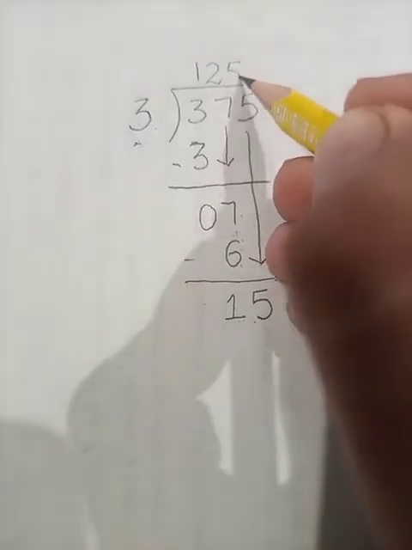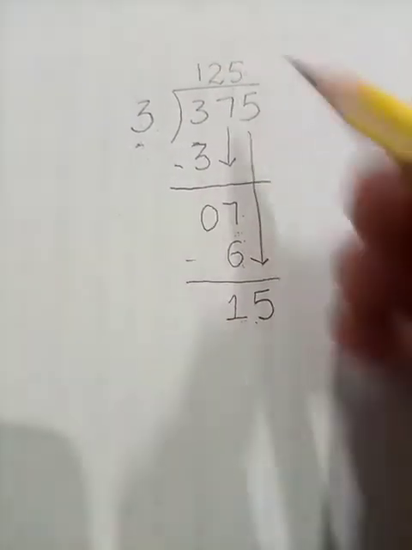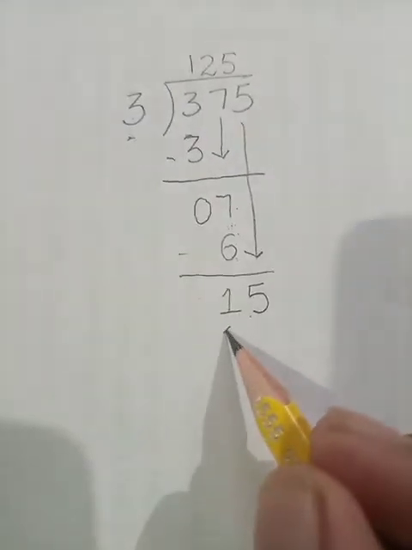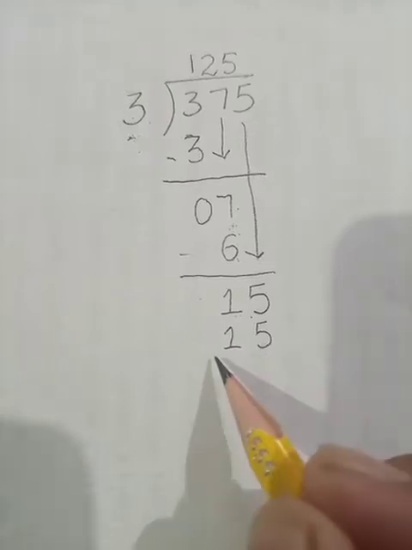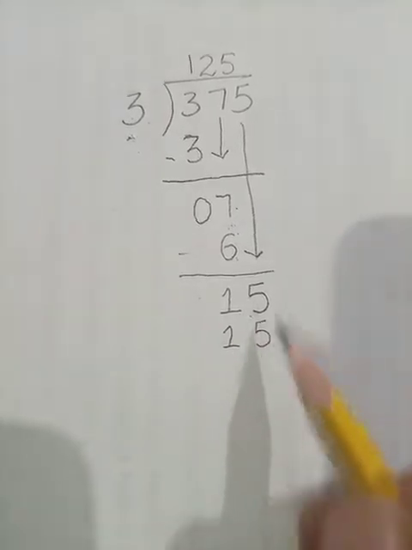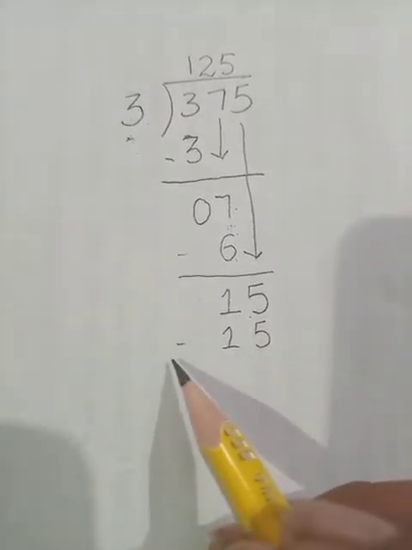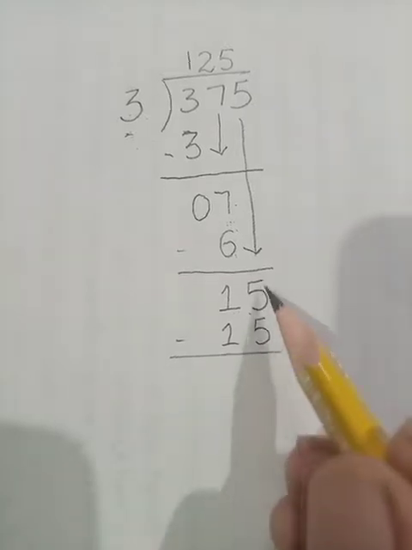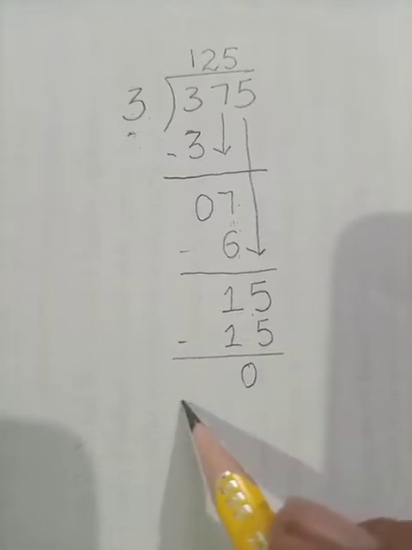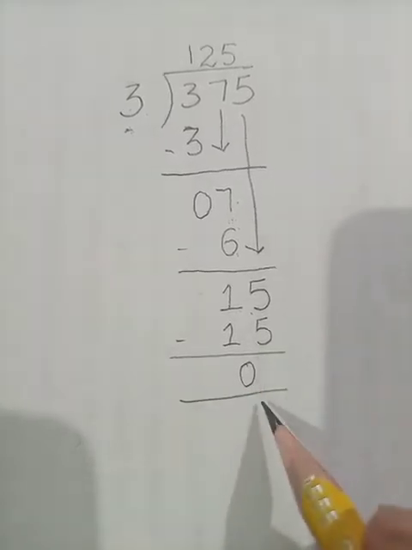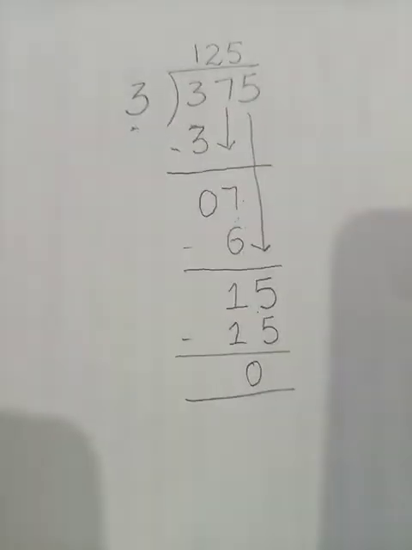So I am writing my 5 here in the quotient and my product of quotient and the divisor here just beneath this 15. Now the next step is subtraction. So students, when we subtract these numbers, my answer is 0 because the subtraction of the same number makes the answer 0.